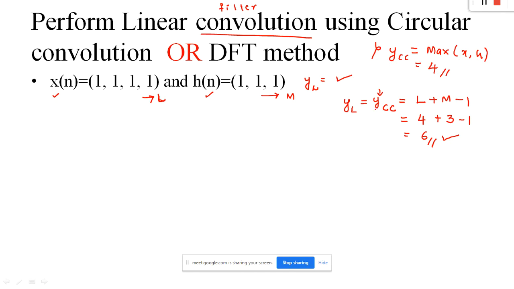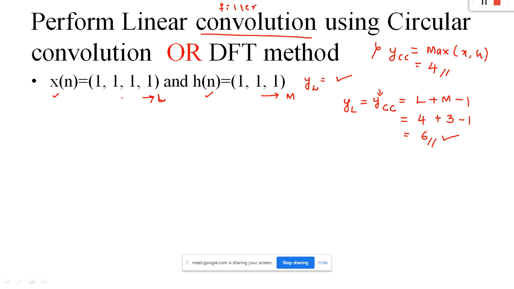The correct way of performing linear filtering is to go for the linear convolution method, a linear convolution output, but the operation that I am supposed to perform must be circular convolution.